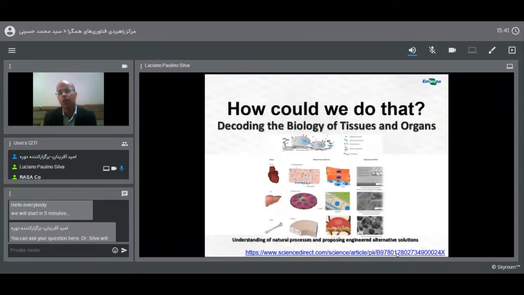And a question could be, how could we do that? The first step is probably the decoding of the biology of tissues and the organs in order to understand natural processes and how they could be used to propose new engineered alternative solutions.